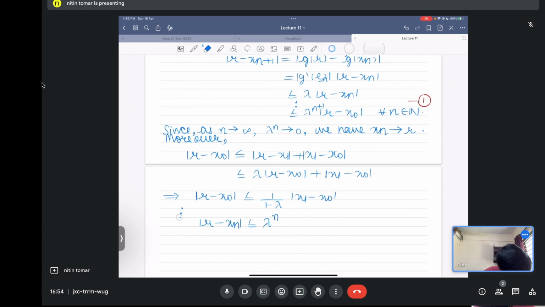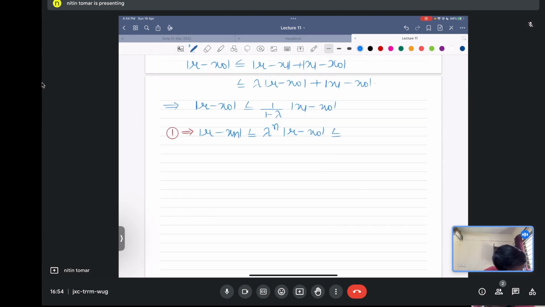So from 1 it follows that |r − xn| is λ^n |r − x0|, and |r − x0| we have just proved.